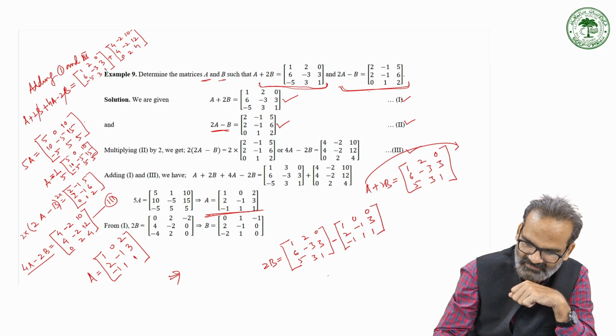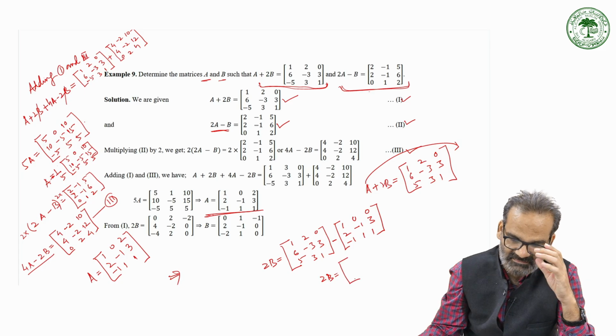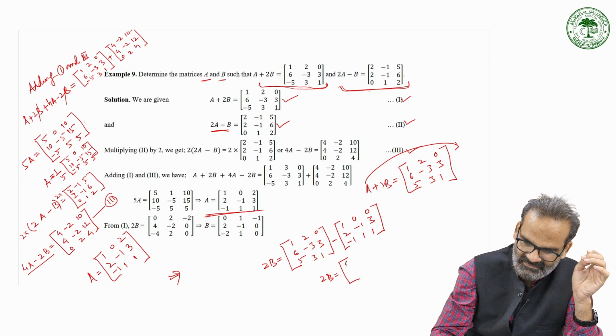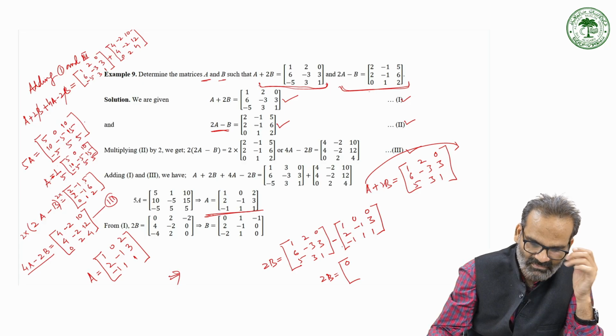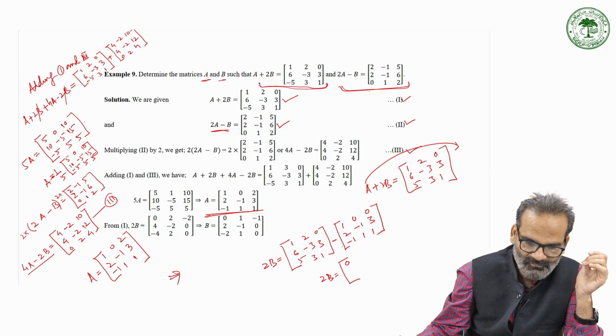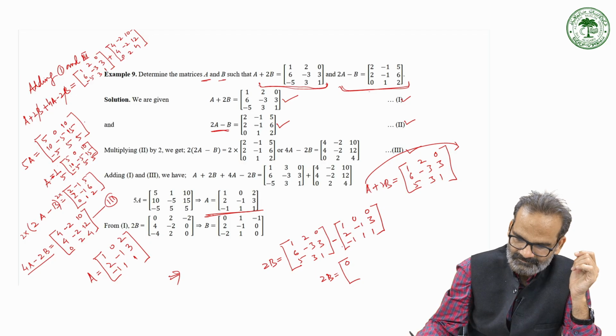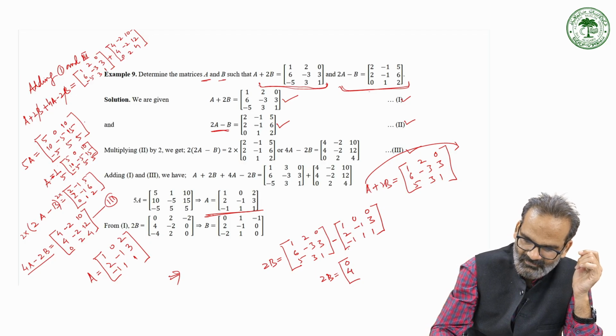What is the value of 2B? 2B is equal to what matrix? 1 minus 1, that is 0. 6 minus 2, that is 4. 5 minus 1, that is 4, right? 0, 4 minus 4.